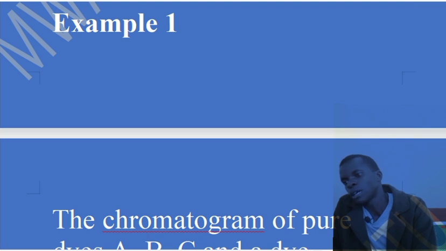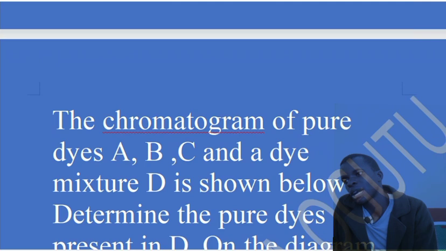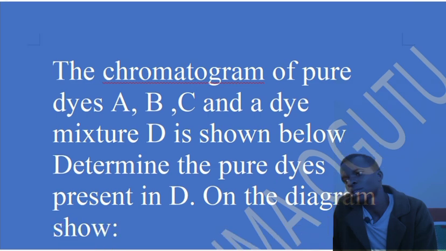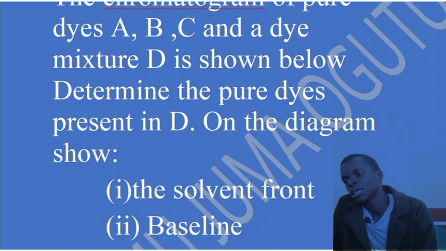Then you can see that A, B, and C are pure. A and B and a mixture D chromatograph article distance.